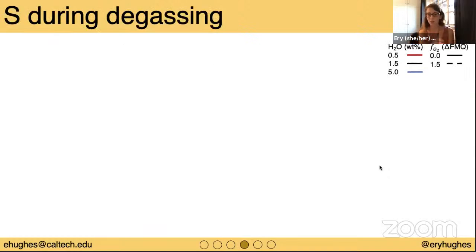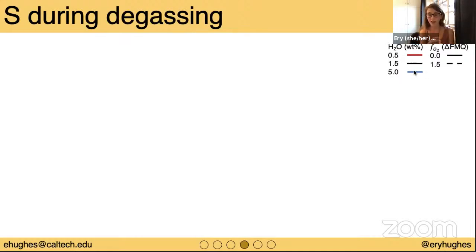So to explore this, I'm just going to use a toy model again. Here we're going to have a basaltic melt at 1200 degrees C, and it's going to have constant carbon content and sulfur content. We're just going to change the water content in the melt from quite dry, about half a weight % water in red, to very hydrous at 5 weight % water in blue.